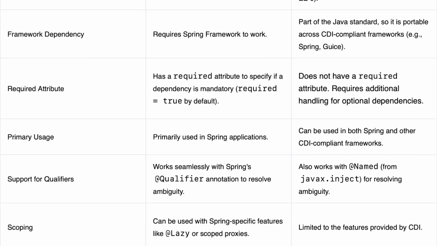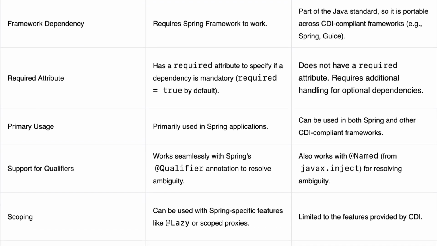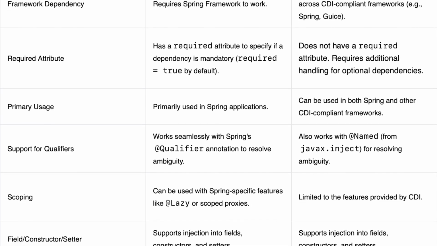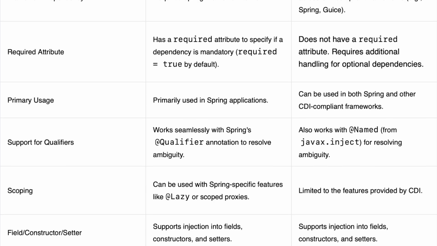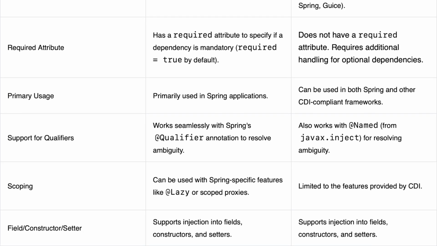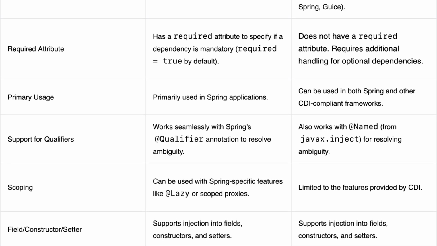Autowired can be used with Spring specific features like the Lazy annotation or scoped proxies, but Inject is limited to the features provided by CDI. Autowired supports injection into fields, constructors and setters, and the same is the case with Inject.